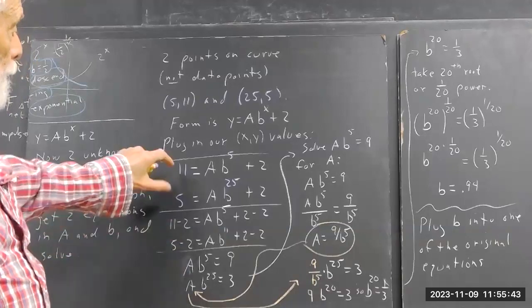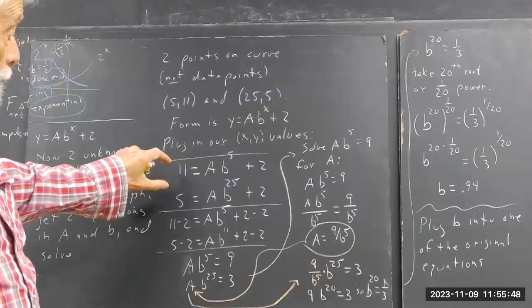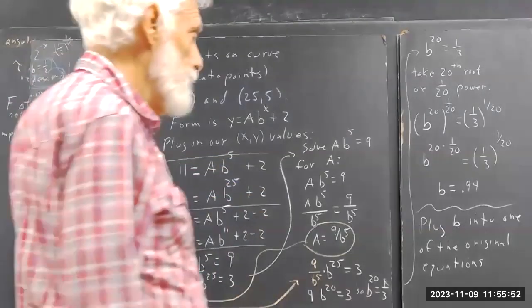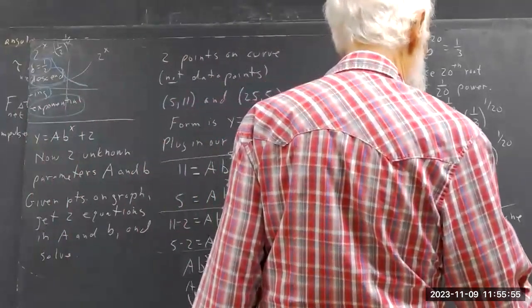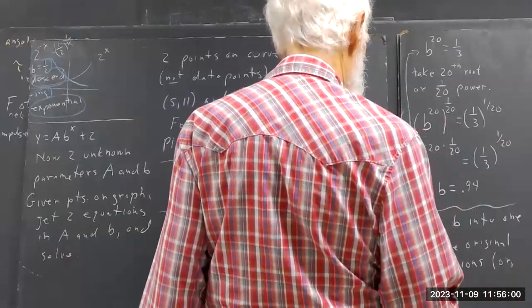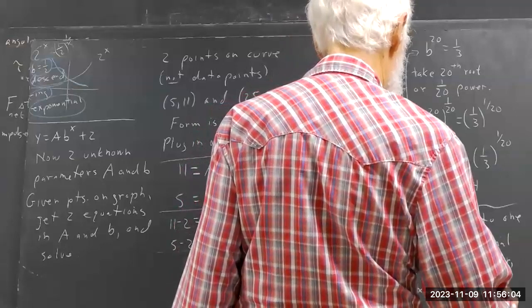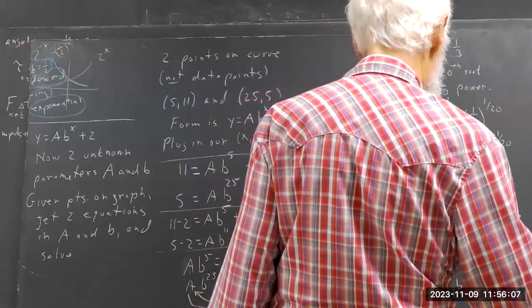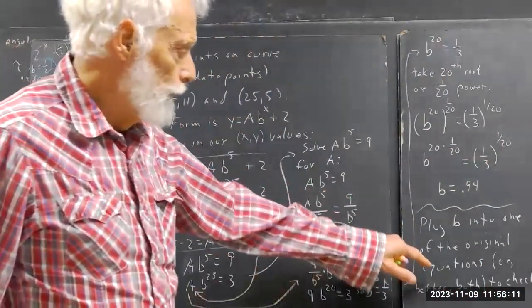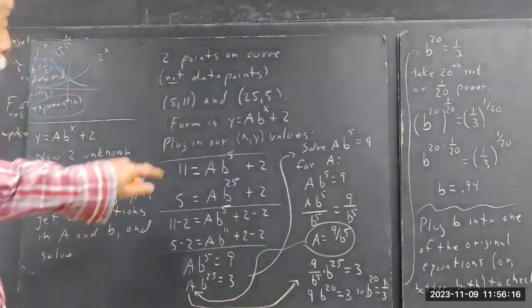Even better, you could use one of the two original equations, the ones that still have the +2 on the end. So I'm saying plug b into one of the original equations, or better, both, in order to check.